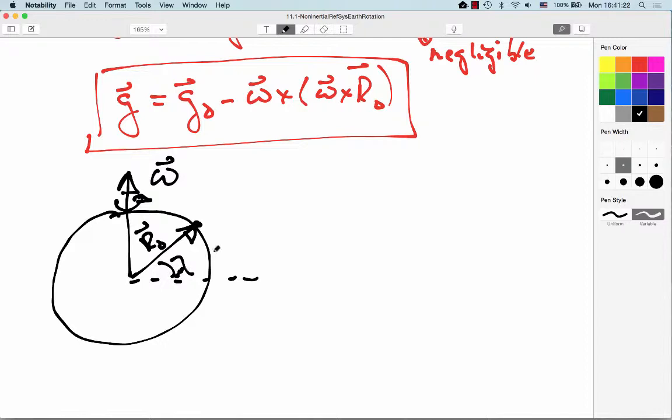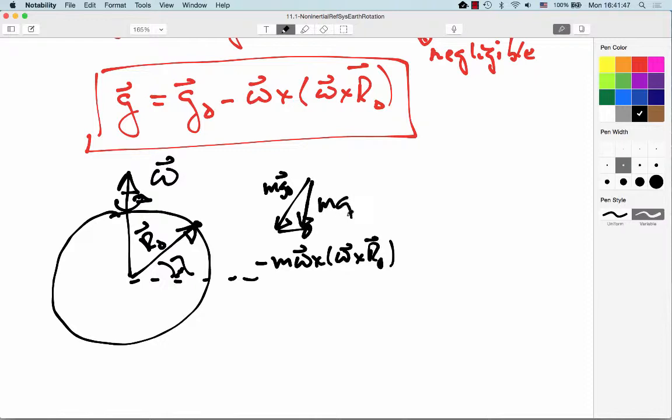Okie dokie. So if we go ahead and draw in a free body diagram for our pendulum bob, we have our m g naught, and this is greatly exaggerated here. This is our minus m omega cross omega cross r naught bit right there, and that will give me my resultant observed mg, like so.